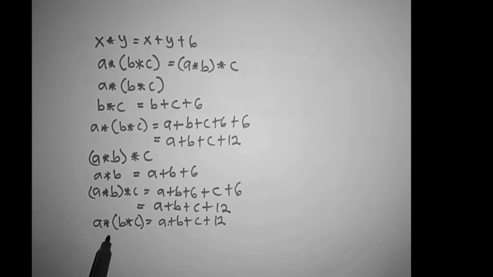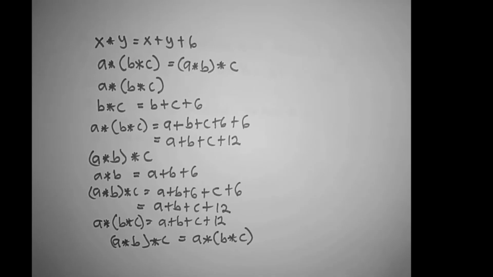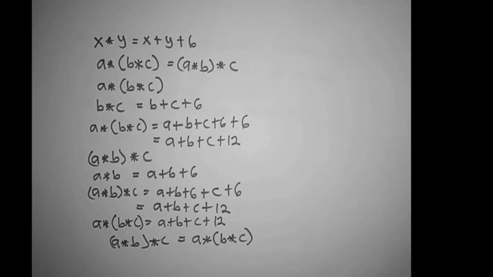And therefore, since A operation B operation C is equal to A operation into bracket B operation C, then the binary operation is associative.